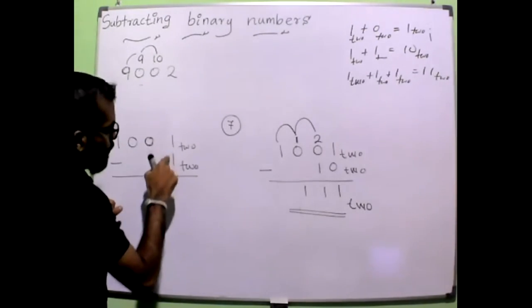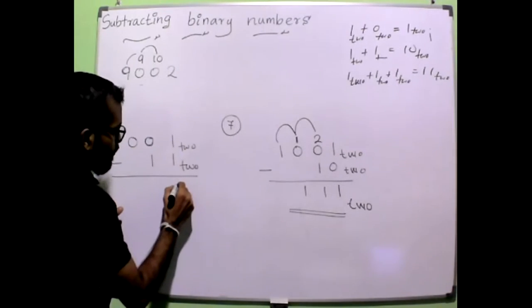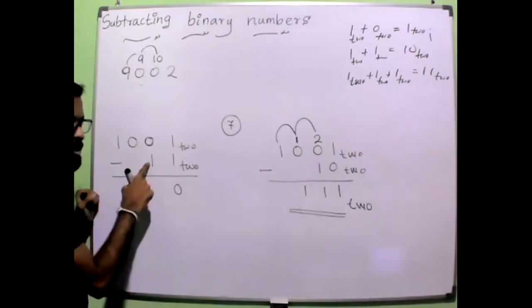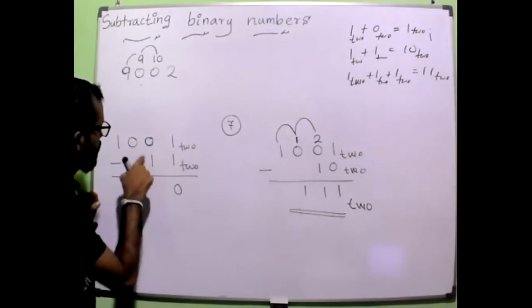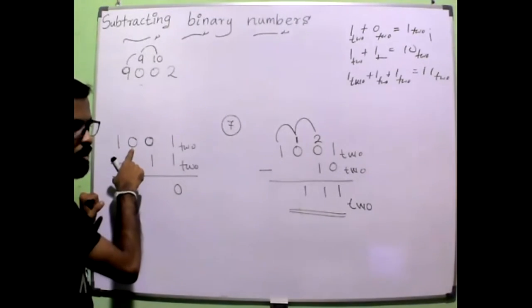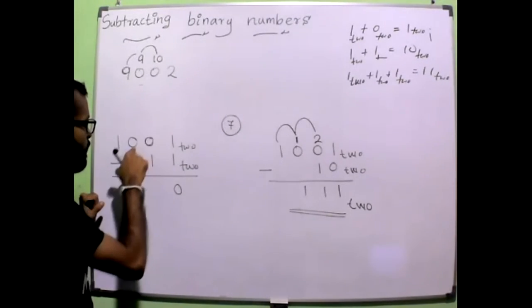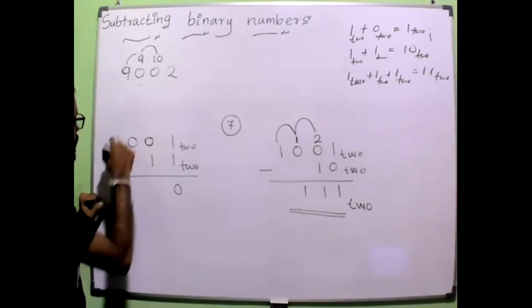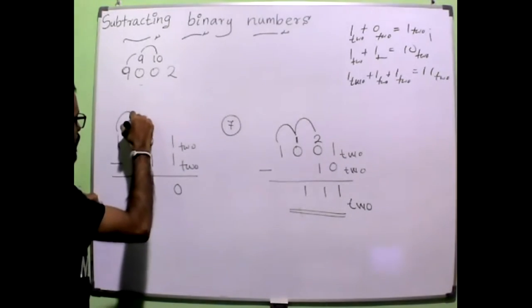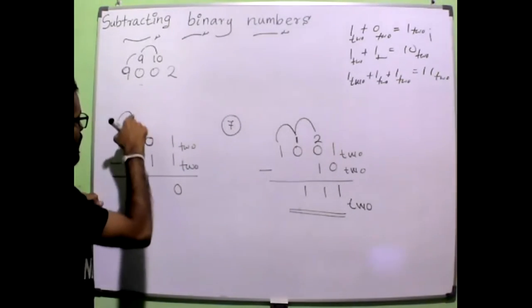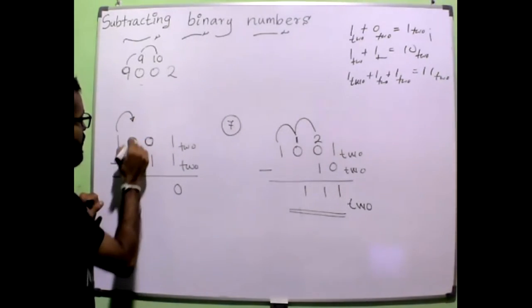Here 1 minus 1, 0. 0 minus 1, you cannot do this. Here also you have 0, so you cannot take 1 from this side, and here you have 1. Now it comes to this side.